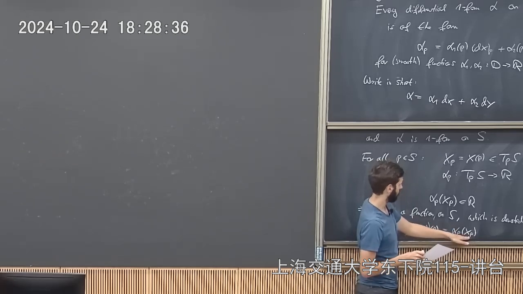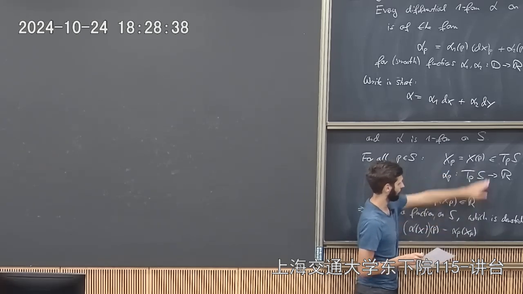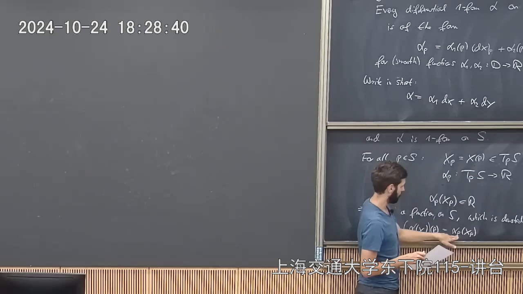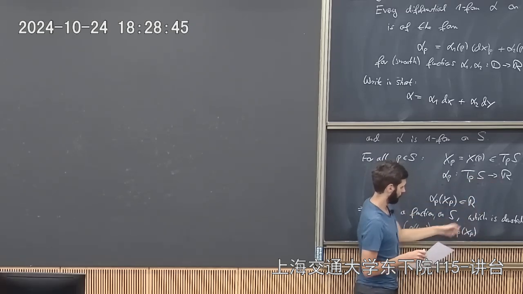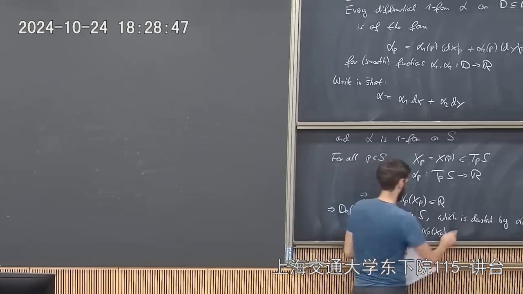We evaluate the vector field at a point to get the tangent vector, and we evaluate alpha_P to get a linear map from the tangent vectors to R. And what we do is then just plug this in to get a real number.